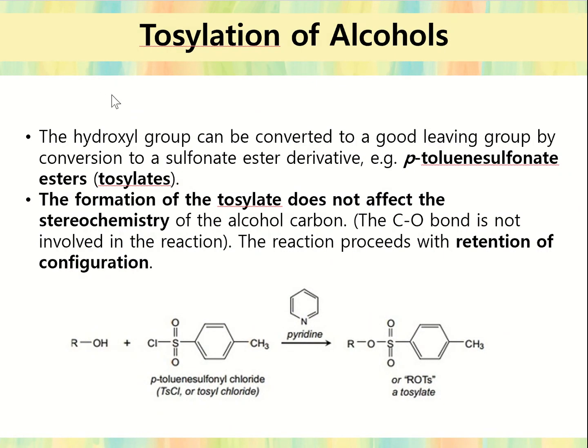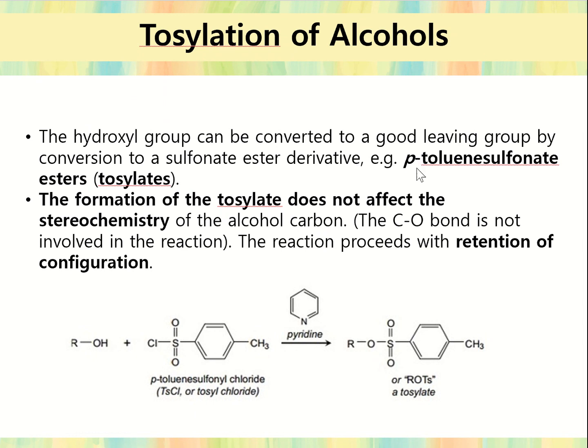For our tosylation of alcohols, this is a very important reaction in organic chemistry, which is why it's worth mentioning. So the hydroxyl group can be converted to a very good leaving group by converting it to a sulfonate ester derivative.